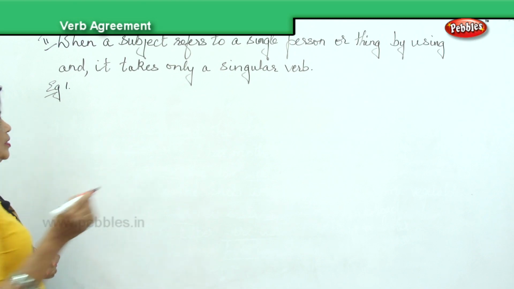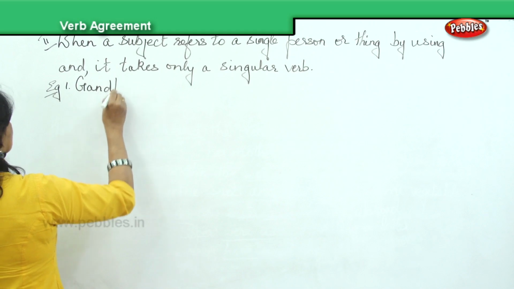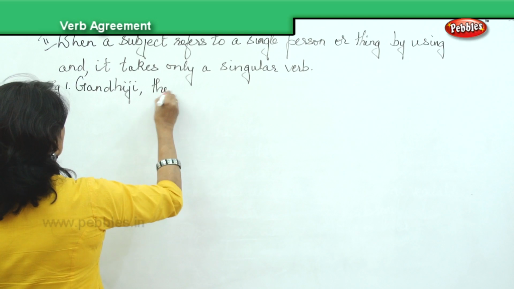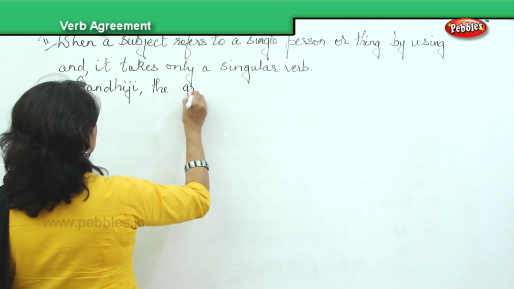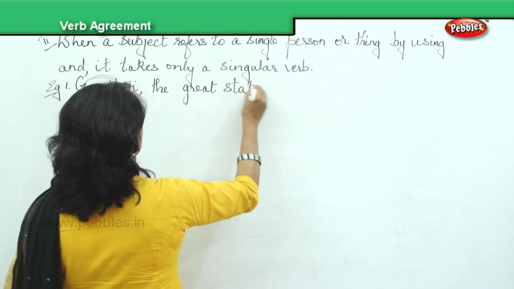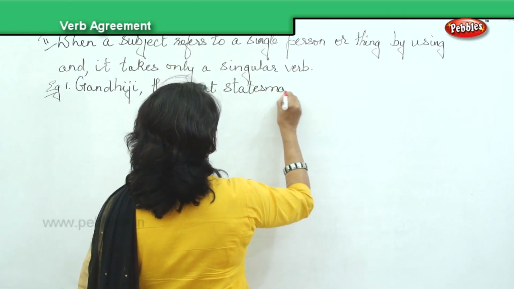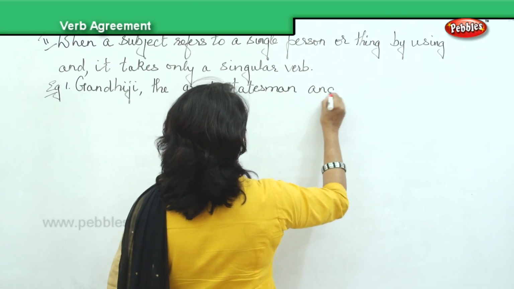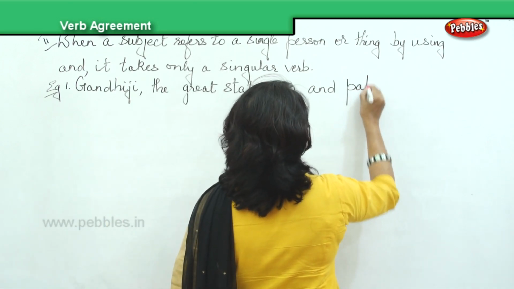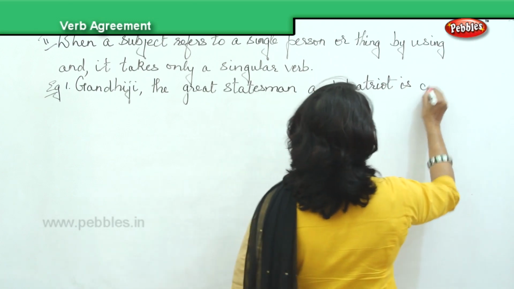I gave you the first example: Gandhiji, the great statesman and patriot, is dead.